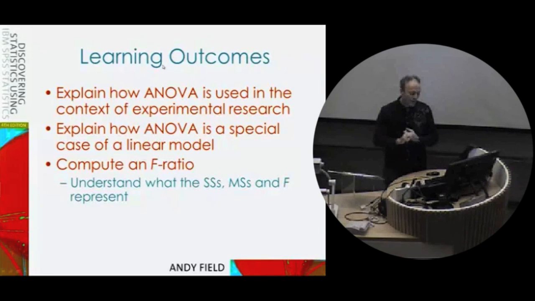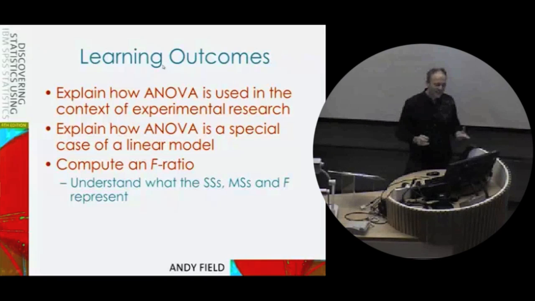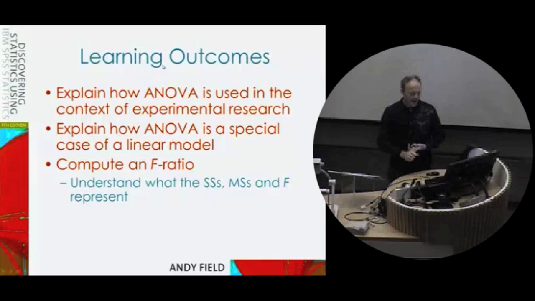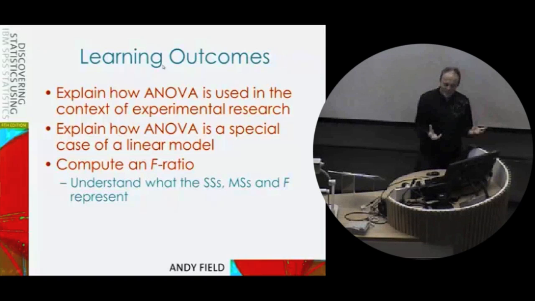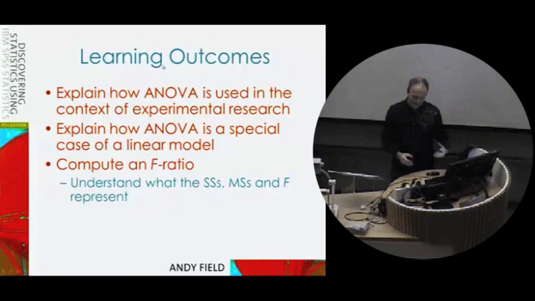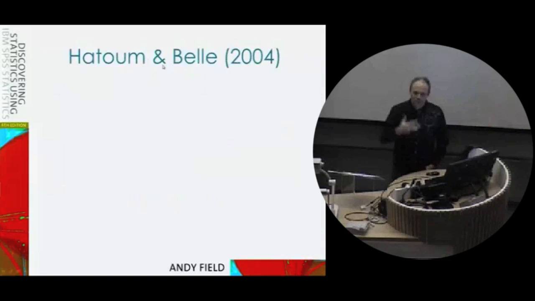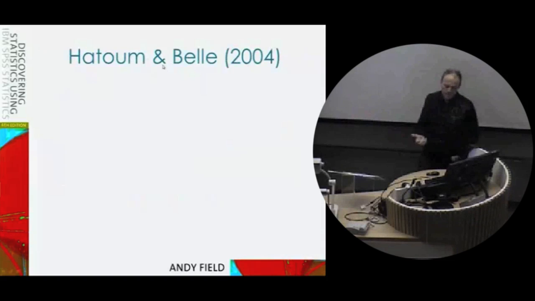The main thing is that you have a conceptual understanding of what sums of squares, mean squares, and the F ratio actually represent. And that's why the equations are in there, to give you that conceptual understanding. But I also do it a lot with diagrams as well.